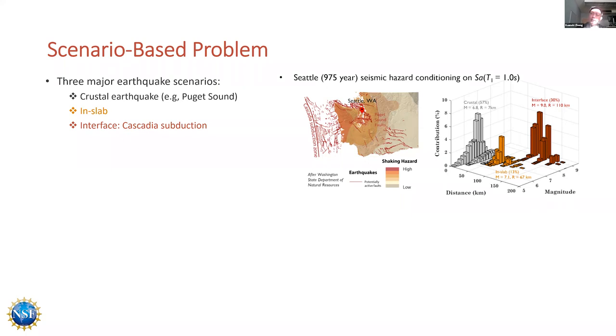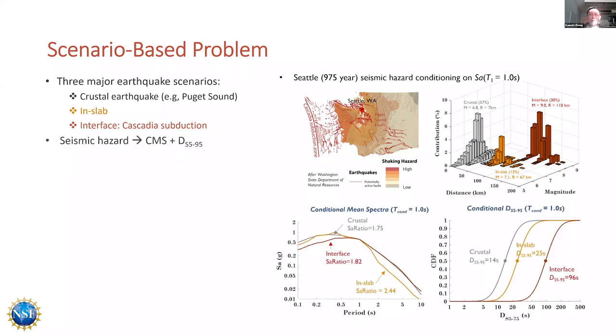But instead of doing that, we can do a little bit more. We can separate the three seismic sources, select ground motions for each individual source, then analyze the structure and assess the performance, to see which scenario is most critical. Of course, what is most critical depends on which structural performance or response metric we're looking into.